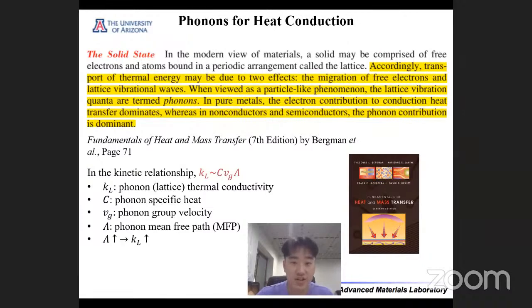In semiconductors and non-metal materials, heat conduction is mainly from the phonon, the lattice vibration. Lattice thermal conductivity has a correlation with the product of the specific heat, group velocity, and the mean free path. In all cases, the thermal conductivity increased as the mean free path increased.